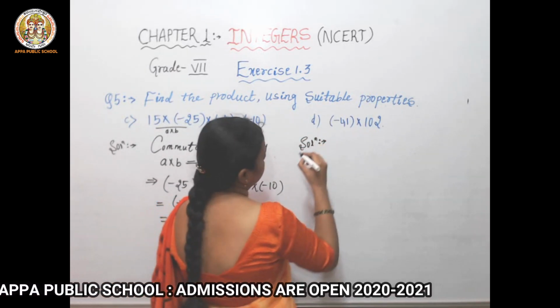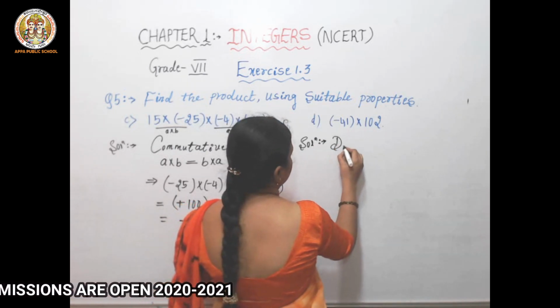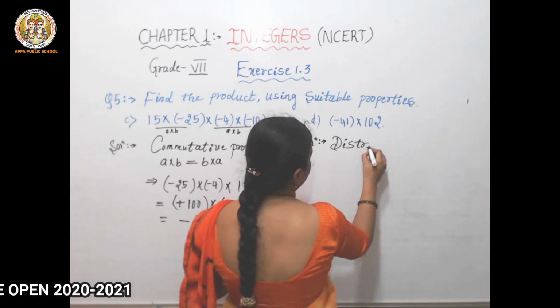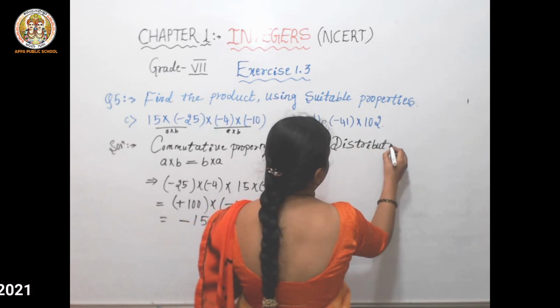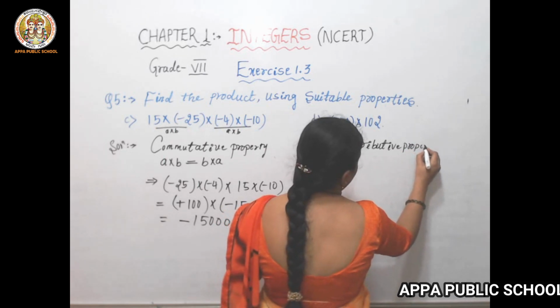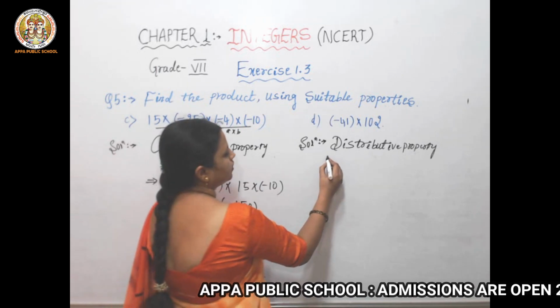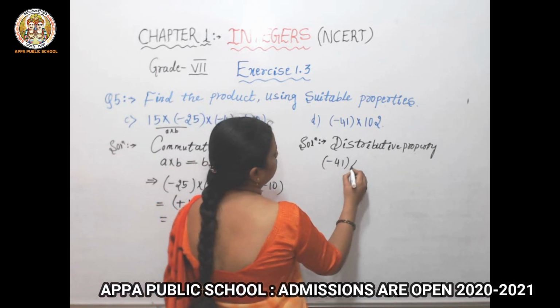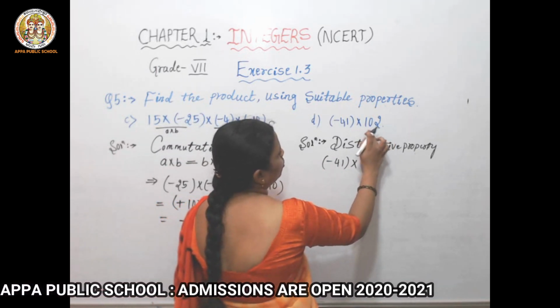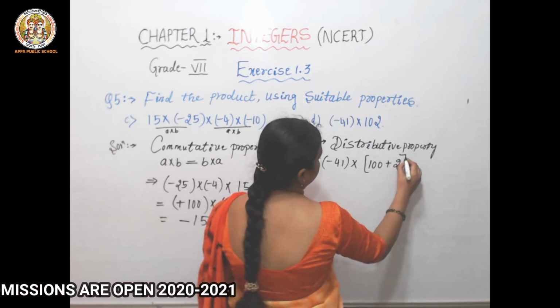So, for making use of the distributive property, which property are we using here? The distributive property. Okay, distributive property. As I said, minus 41 into this 102 is written as 100 plus 2. Clear?